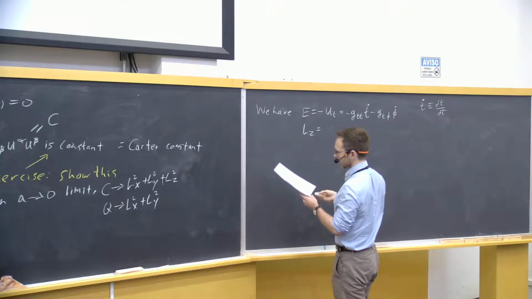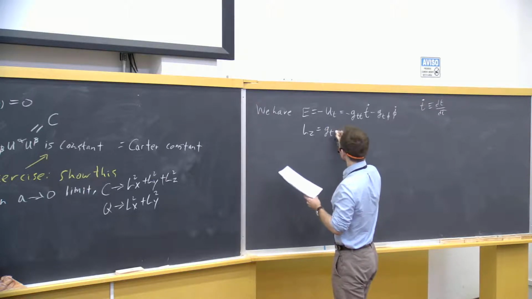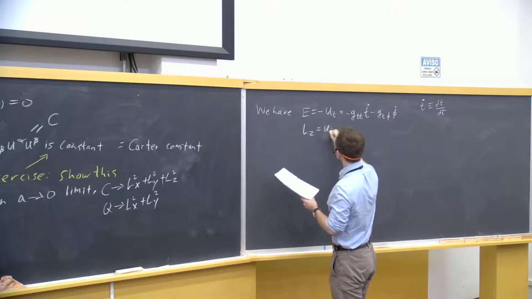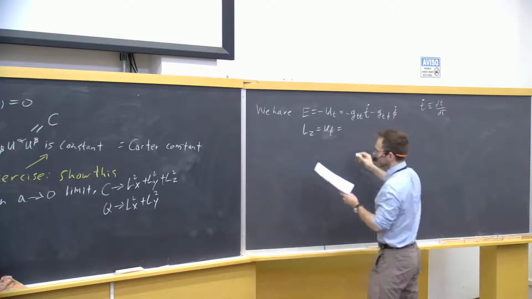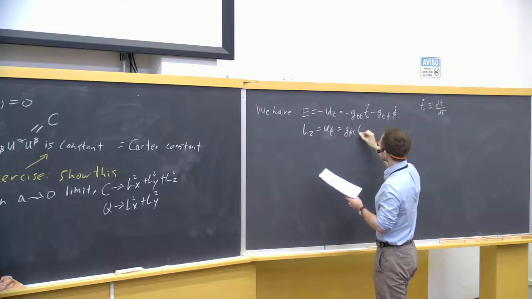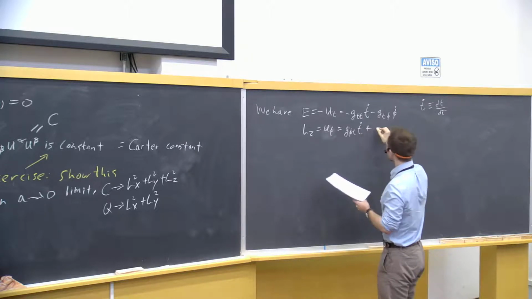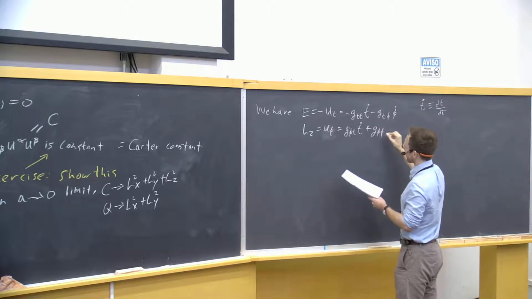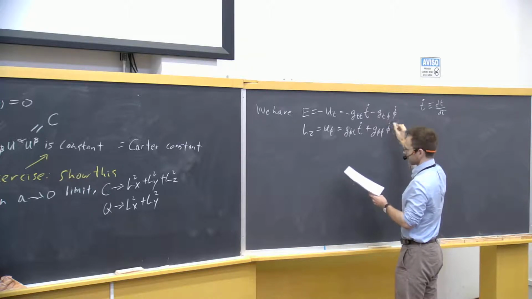Lz is u phi, which is g phi t t dot plus g phi phi phi dot.